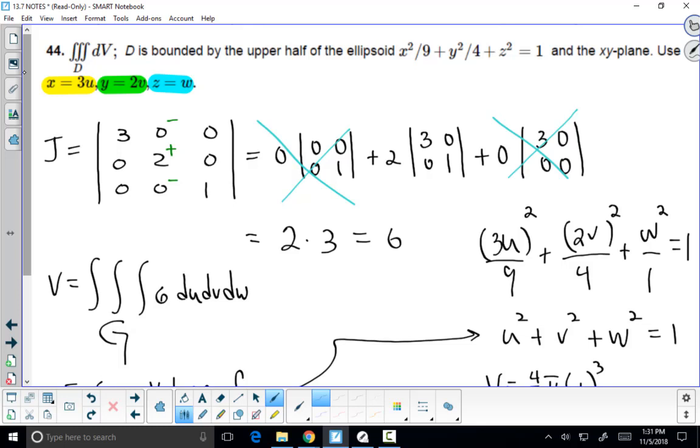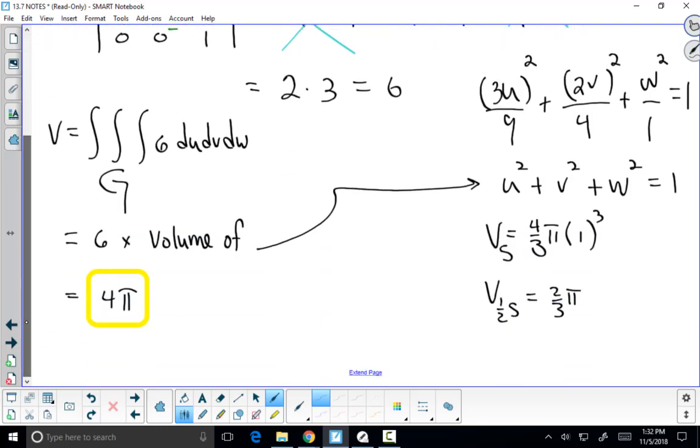Within this transformation, it's going to create a full sphere, but the upper half of this ellipsoid is going to correspond to the upper half of that sphere. Okay, so we don't need to divide by 2 if we did it just the way you did here. But if we integrate through, do we need to divide by 2?